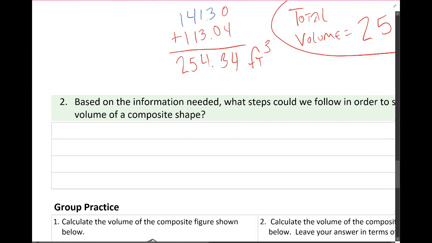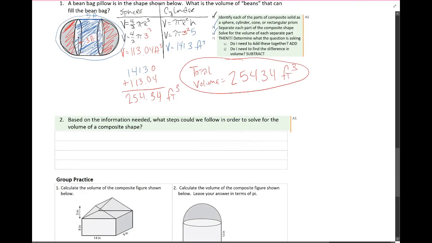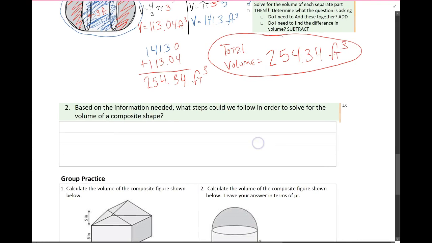Now I come down here and it says, based on the information needed, what steps could we follow in order to solve for the volume of the composite shape?